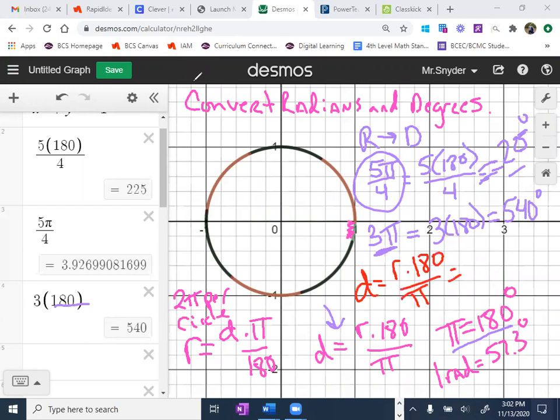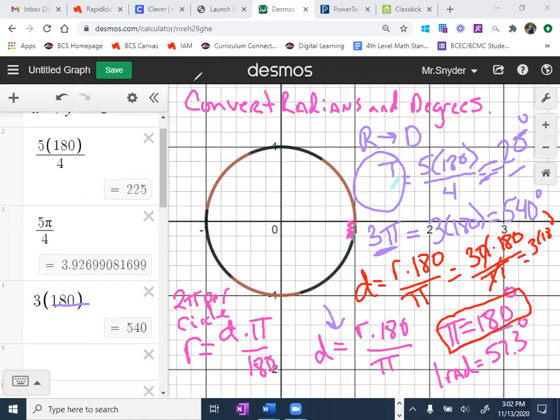Well, radians are 3 pi, so I could say, okay, 3 pi times 180 over pi, but notice what happens. It does the exact same thing we just did. We cancel the pi's and we just do 3 times 180. That's where just knowing that pi equals 180 is super important and helpful.